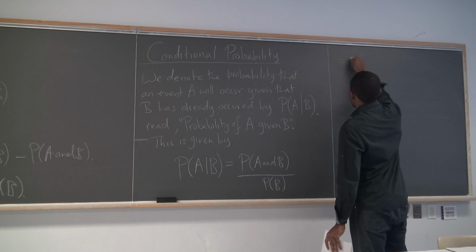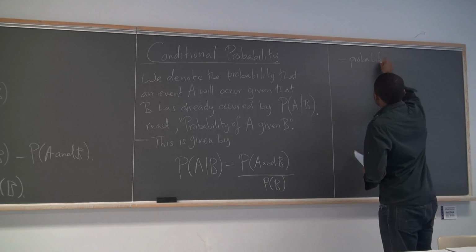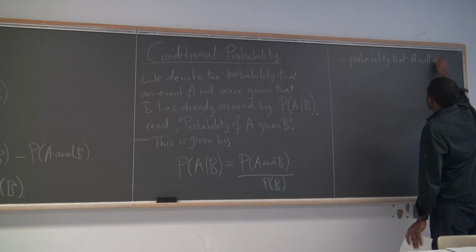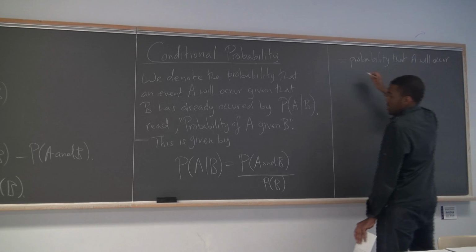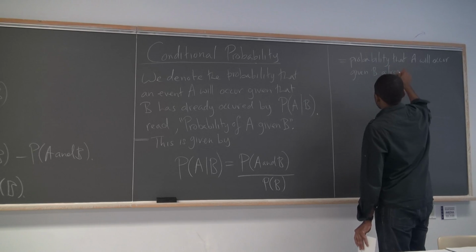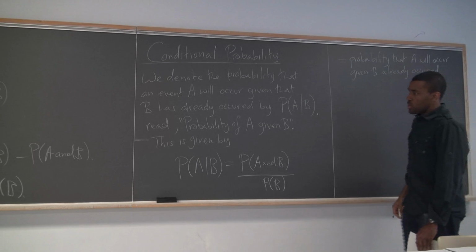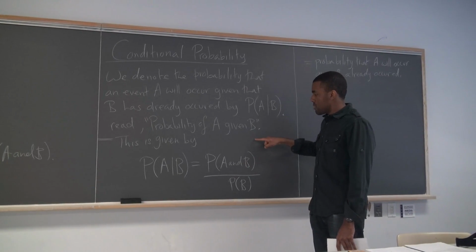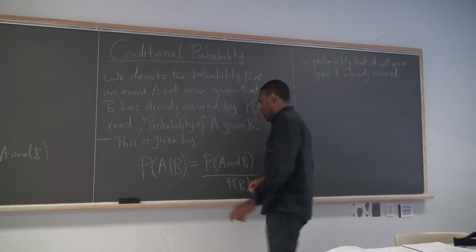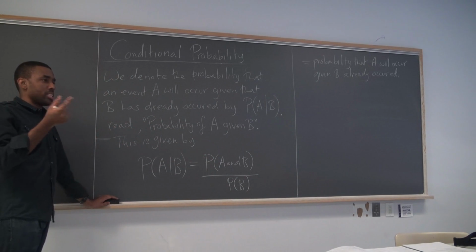So that's equal to the probability that A will occur given that B already occurred. Now, we sort of did this before, but I never really explained it in this way. Remember when we were doing that question about people having a couple of kids, they have two girls, but there are tons of ways they can have a girl.